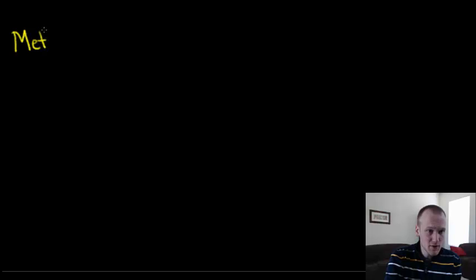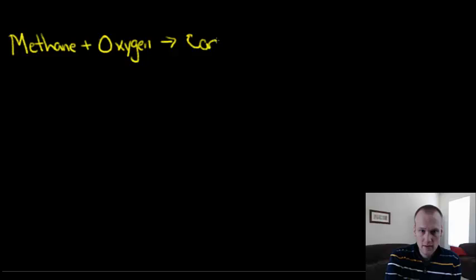Okay, so the first type of representation we'll look at is the word equation. The word equation would be exactly what it sounds like. If we took words and wrote them out to represent what is happening: methane plus oxygen yields carbon dioxide and water.